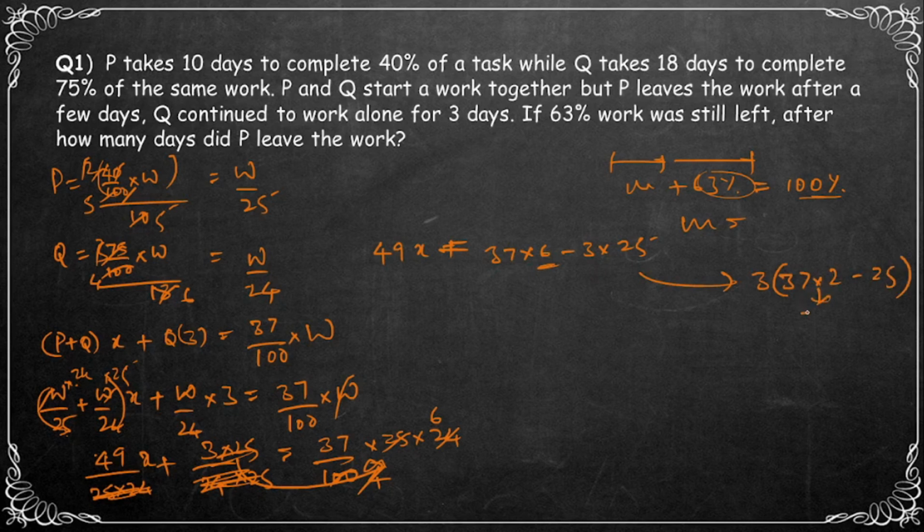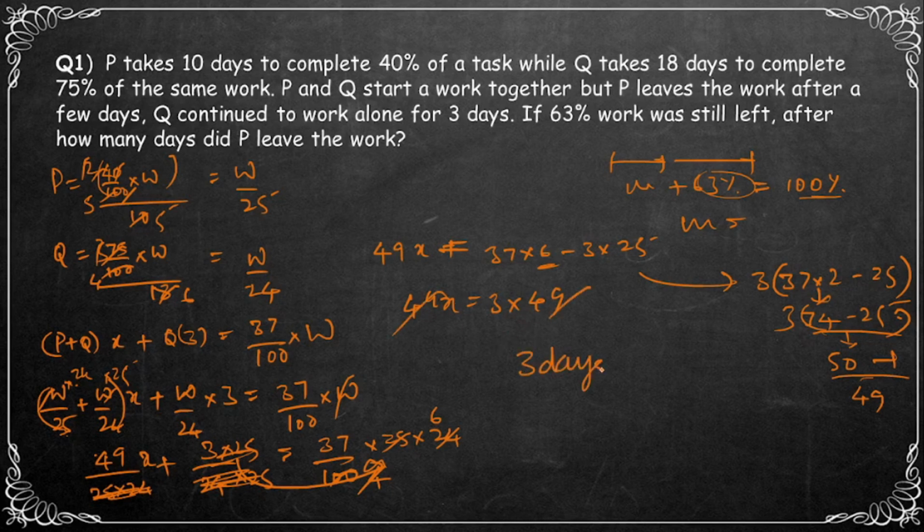So this is 74 minus 25. 74 minus 25 is nothing but 70 minus 20, which is 50, and then the units place, which is 4 minus 5, which is minus 1. So it is 49. So 49x is equal to 3 into 49. So cancel. X is equal to 3. So the answer is 3 days.